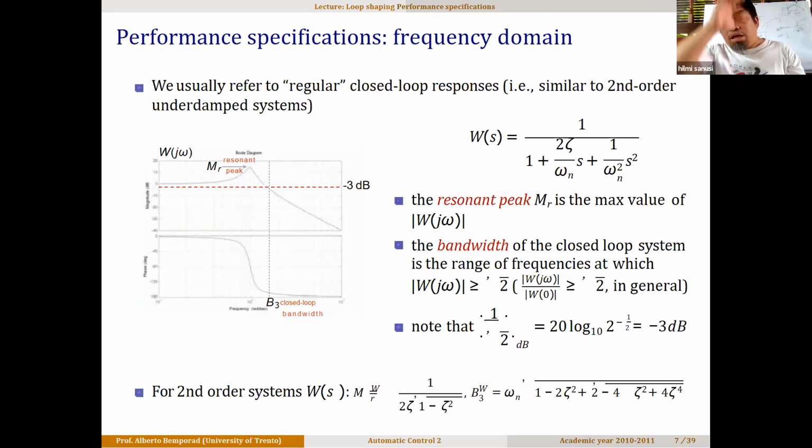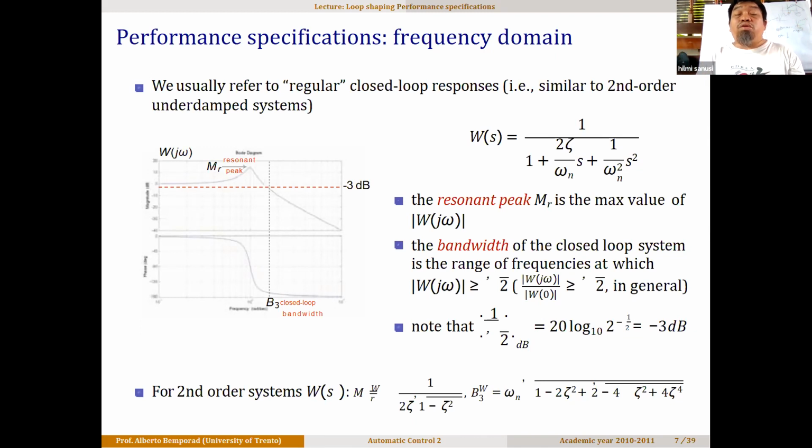Same thing, we take omega n and bring it down. Okay. We have the resonant peak, and this is the maximum value of the closed loop transfer function.